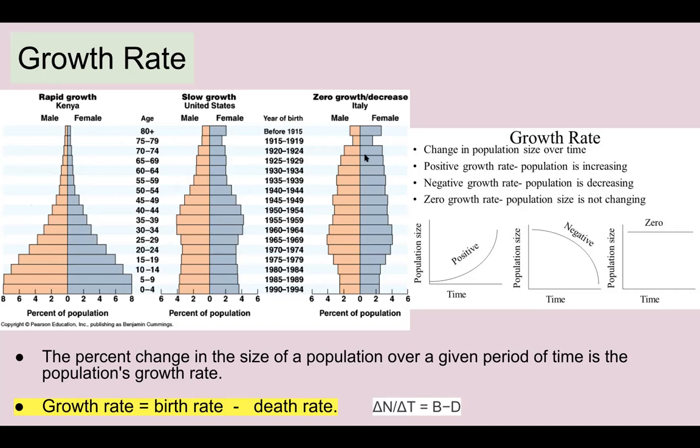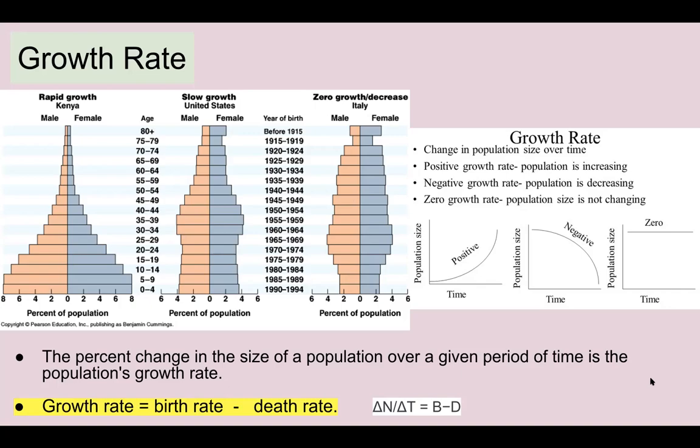And then we take a look at Italy over here, which has a zero growth or a decrease in growth rate, so you can see it's getting smaller toward the bottom. Scientists think that's probably why, unfortunately, Italy was hit pretty hard by the COVID pandemic, because they have a high elderly population. And of course, we now know that that is who is really susceptible to COVID-19.